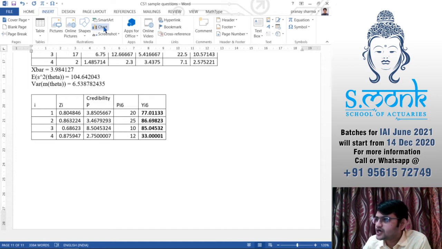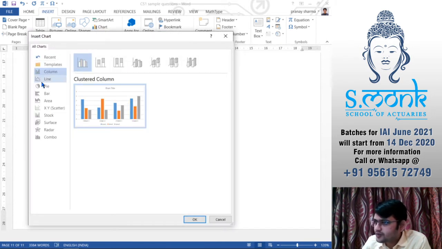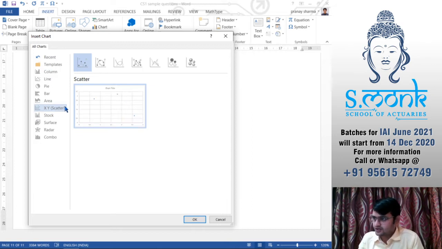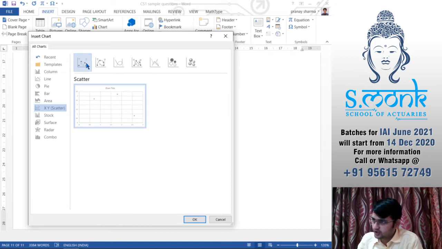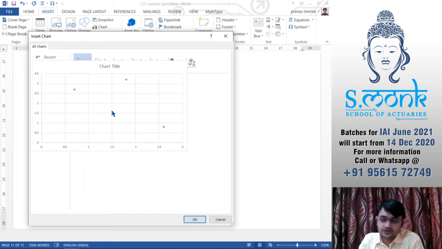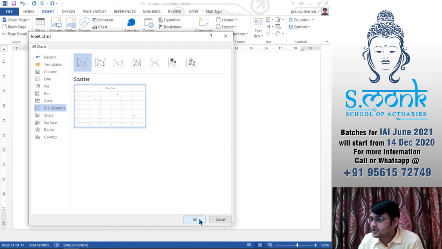Okay, so this is a chart, insert chart, and in type of chart you will have scatter, xy scatter. Okay. For scatter plot you just need this dot one. If you want to join and check, this is the other that will show you trends as well, but whenever they say scatter plot diagram, we just want points. So this is the one that you would choose. Press OK.